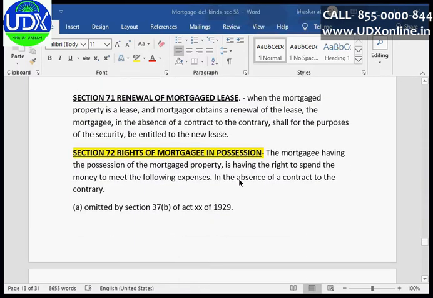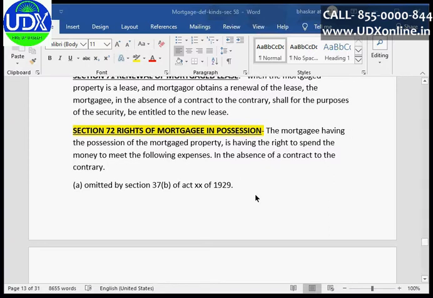Now we will go to section 71, not important for your examination. Okay. Now 72, rights of mortgagee in possession.